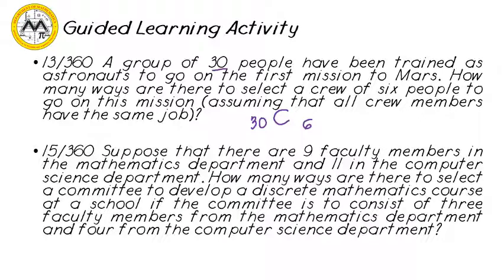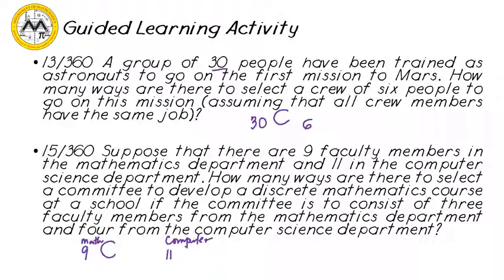Next, suppose that there are 9 faculty members in the mathematics department and 11 in the computer science department. So 9 for math and 11 for computer. How many ways are there to select a committee to develop a discrete math course at a school if the committee is to consist of 3 faculty members?